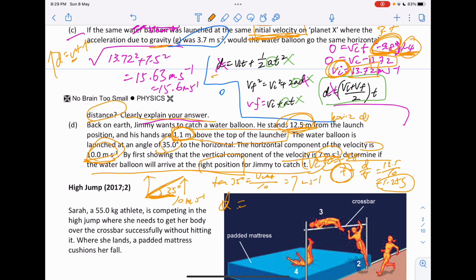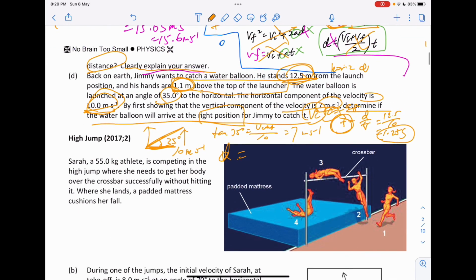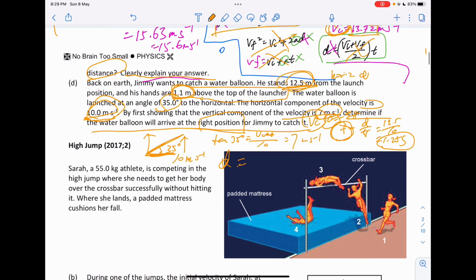This one, right? Okay, because we don't need any equation with VF, because we don't even know what VF is. It is very difficult to calculate it. It's not impossible, but it is very difficult. D is not difficult because we already know VI, A, and T. It's hard to think about what time is, but we have the horizontal velocity and the horizontal distance, so we know it has to be 1.25 seconds where it lands in the right position.